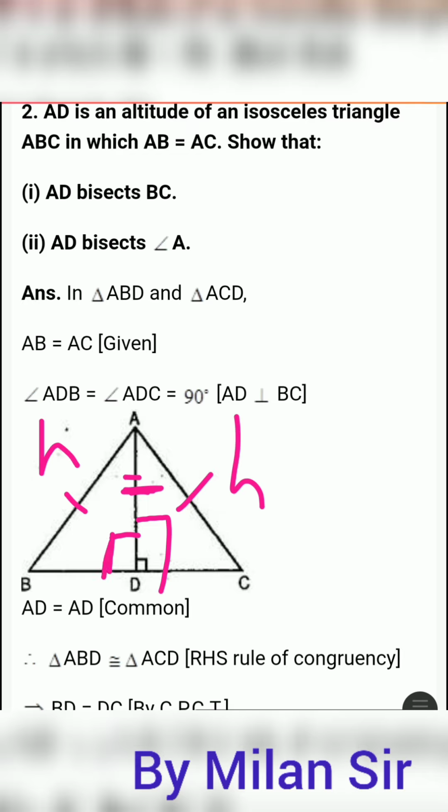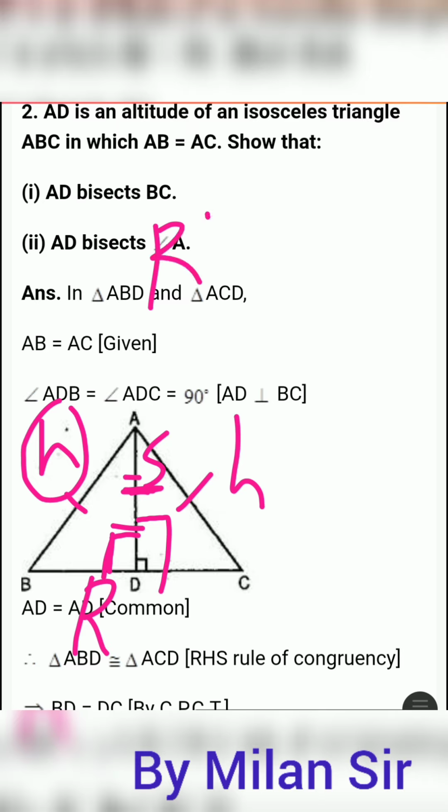So R for right angle, H for hypotenuse, S for side, so RHS. By using the RHS congruency criteria, we can say that these two triangles are congruent.